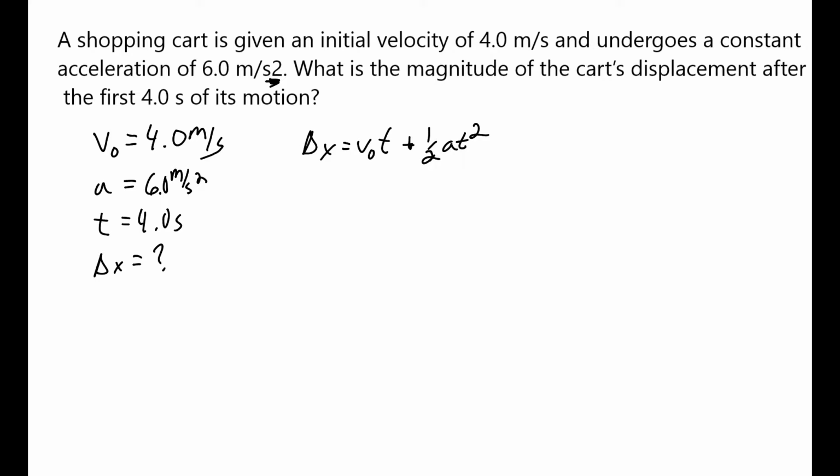So now all I have to do for this one is substitute in what we know. We're looking for delta x still. We have vo is 4.0 meters per second times time 4.0 seconds plus 1/2 times 6 meters per second squared times 4.0 seconds quantity squared.